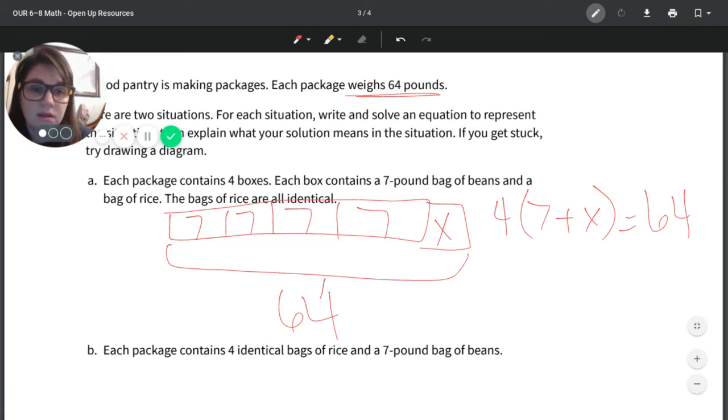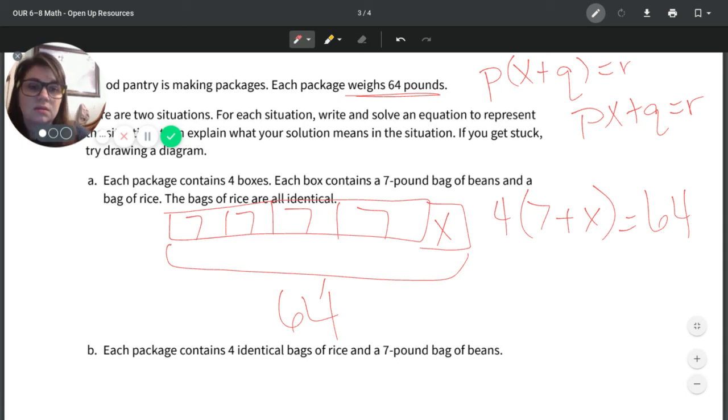It could either be done in this format, p times x plus q equals r, or px plus q equals r. Okay, so write those down. Those are going to help you. This particular scenario, this first one for A, you would need to use this first format, because you've got 4 identical boxes, each weighing 7 pounds, and then an unknown amount of rice. And all of those combined is equal to 64.